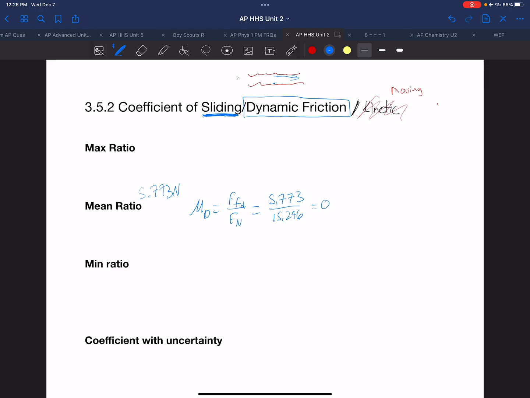And that gives us 0.378656. And so four significant digits gives us 0.3787 would be the mu dynamic.